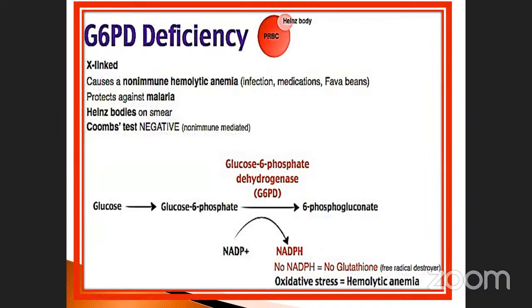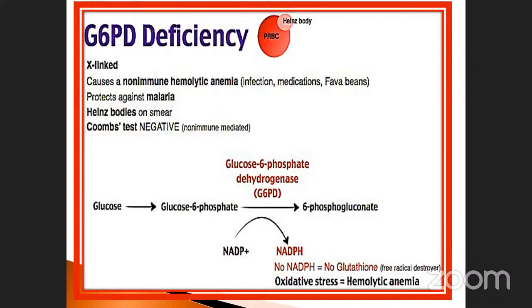Sometimes it may be reported in malarial cases. Smear means I take the blood sample on a slide, take another slide, place it over and make a smear. And this is Coombs negative, non-immune mediated. These are the identification of the particular disease, glucose 6 phosphate deficiency.